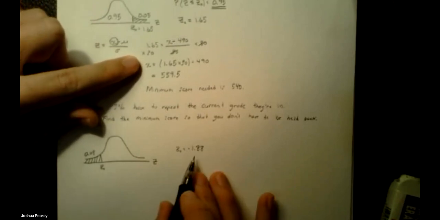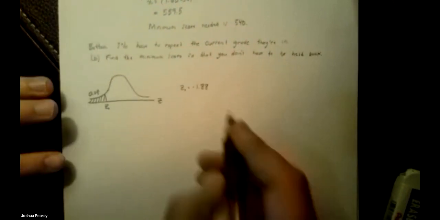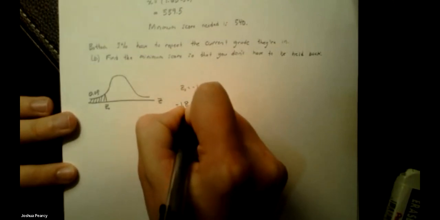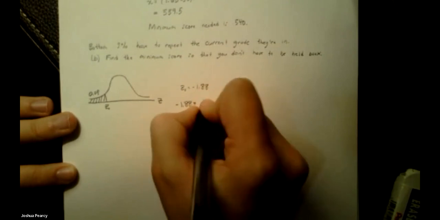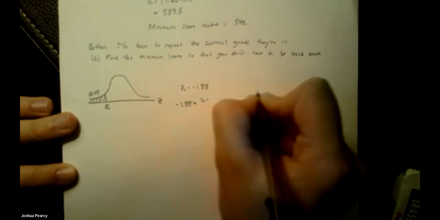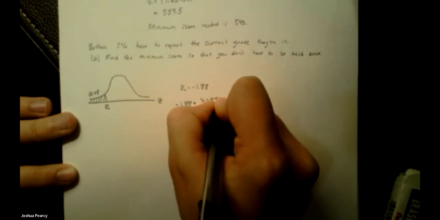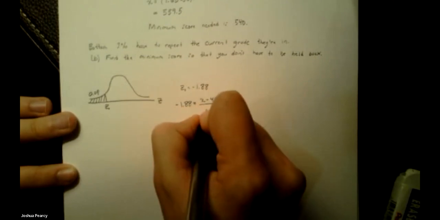Then we do the same idea we did in this part. We have the z-score of interest, we know the mean, and we know the standard deviation, so we can find the associated data value of interest. So just set that up and you have minus 1.88 equals the data value you're looking at, which is the minimum score, minus the mean of 490, divided by the standard deviation of 30.